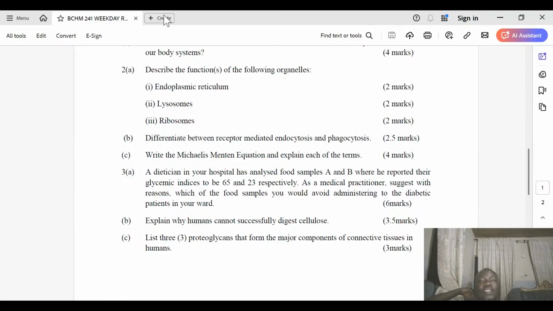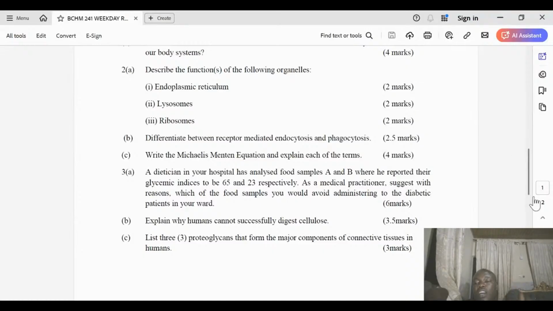Why is it that it is sample A? Yeah, excellent. If you check the formula very well, you will see a concentration bracket.